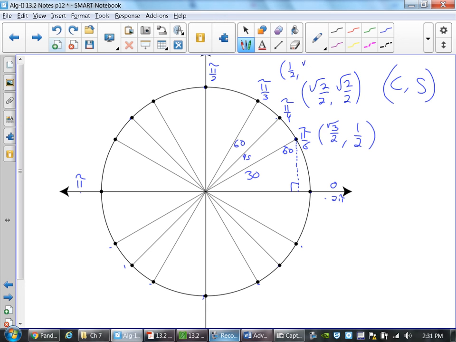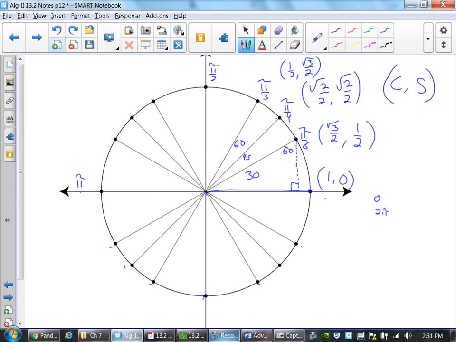Sine. Okay. Unit circle starts at 0, has a radius of 1. So at 0, my ordered pair is, I went out 1 and I didn't move up any. 1, 0.